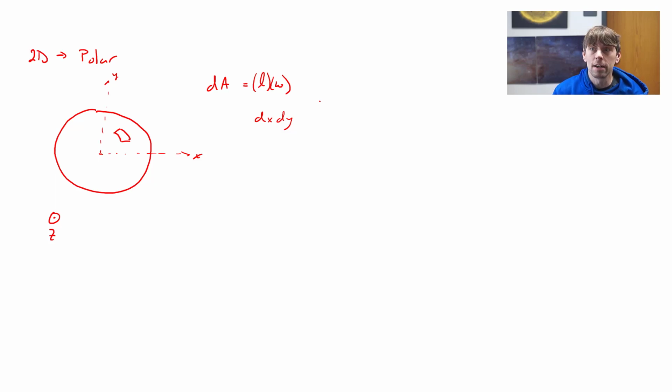Now, it can be done in dx dy, but as I hinted at in the last video, if you do this dx dy, those two variables are no longer independent of one another. In other words, there is a connection between the x components and the y components, and you already know that connection. It is the radius of the circle.